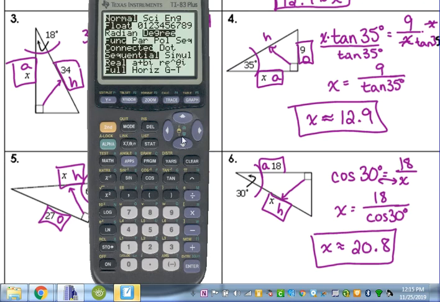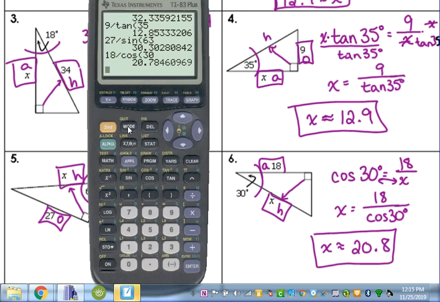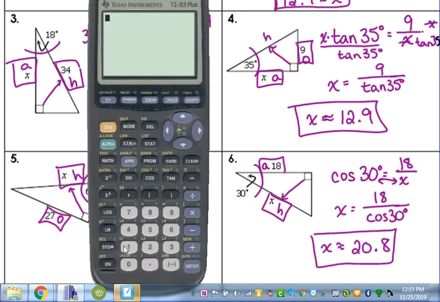Now, let me show you. I don't want you to change this in your calculator, but I'm going to change mine back to radian. Say for this last one, I was in radian mode instead of degree mode. So I get 116.7 for my hypotenuse. Now, it's supposed to be longer, but does it make sense that it would be that much longer?